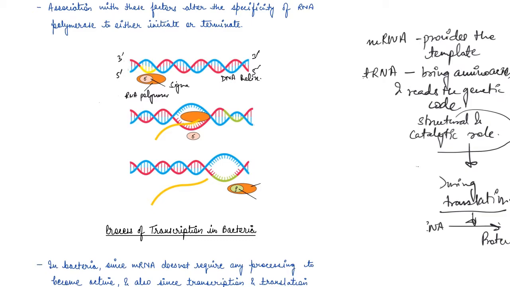It is part of RNA polymerase. And this region is the promoter region. The first step is that RNA polymerase binds to this promoter region and initiates transcription. This process is known as initiation of transcription.